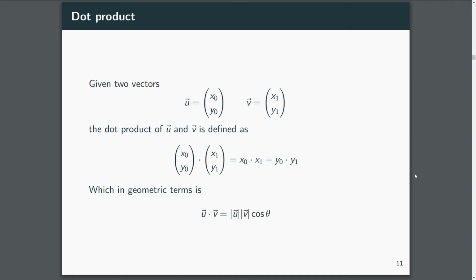In geometric terms, this is the magnitude of the u vector times the magnitude of the v vector, multiplied with the cosine of the angle between them.